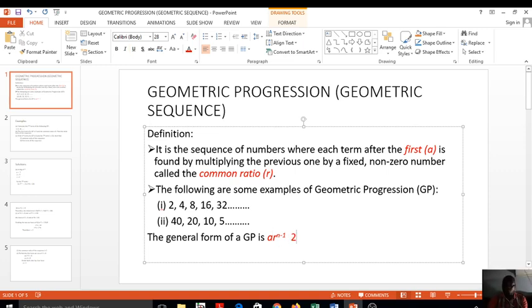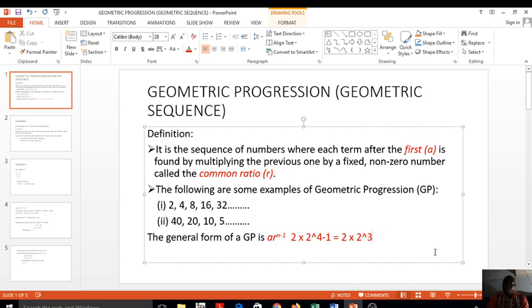So you have 2 multiplied by 2 to the power 4 minus 1, which at the end of the day is 2 multiplied by 2 to the power 3.